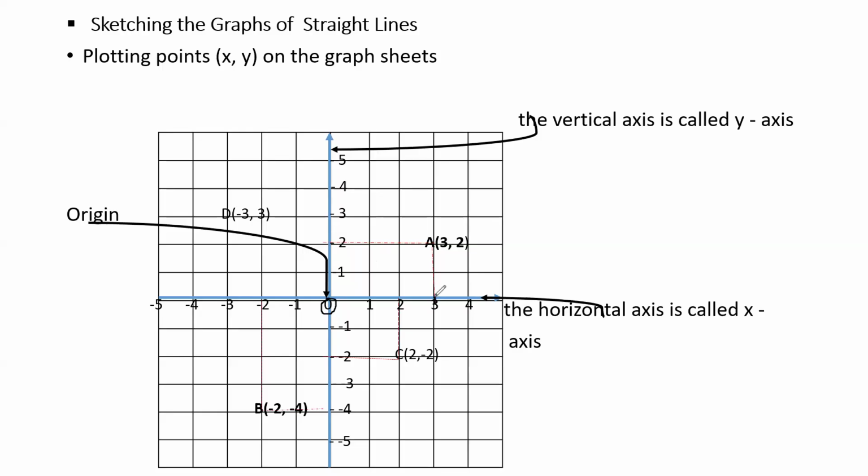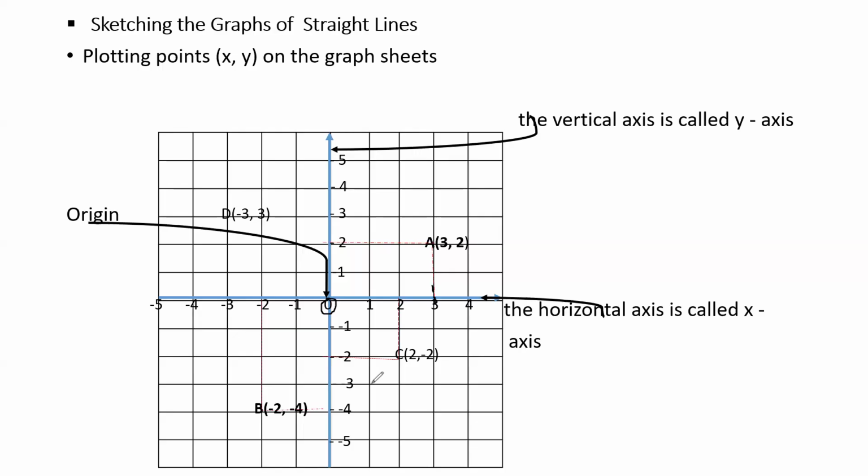Then y: on that line where you have the 3, go up to 2, and mark where they meet. So here is (3, 2). Is that point okay? Yes, sir.